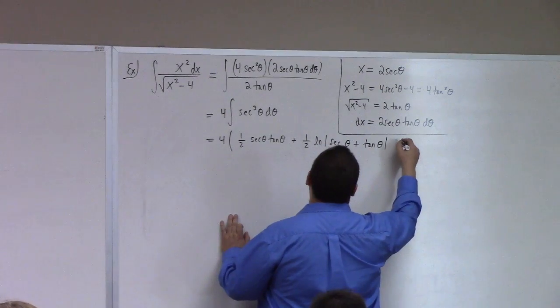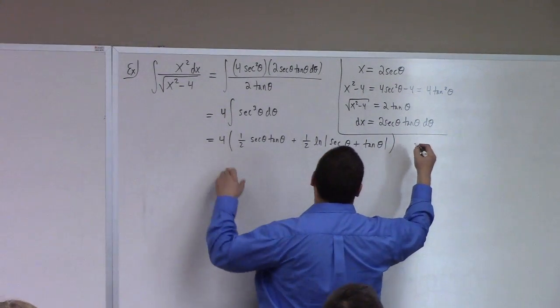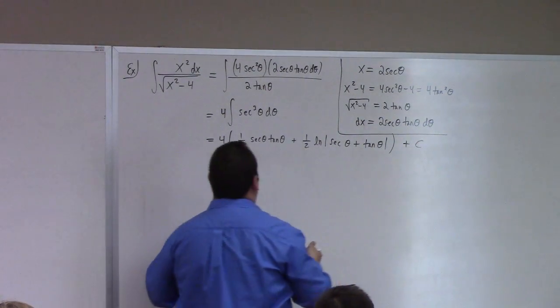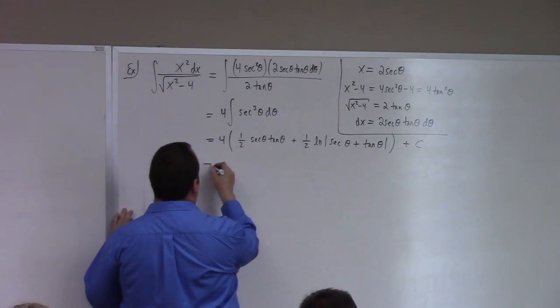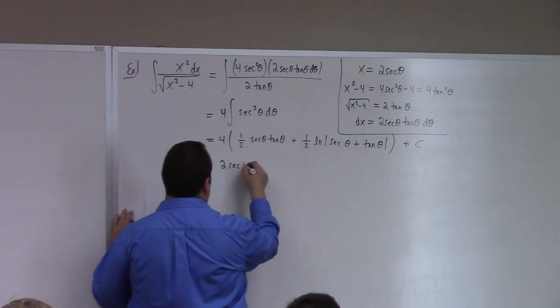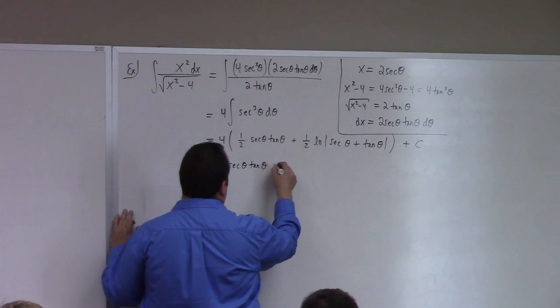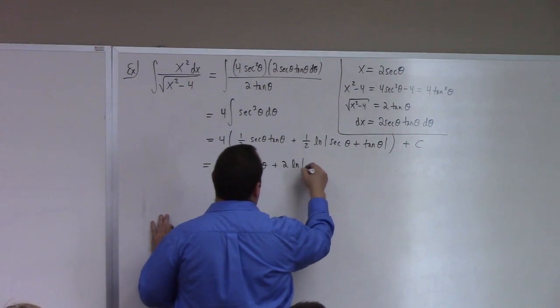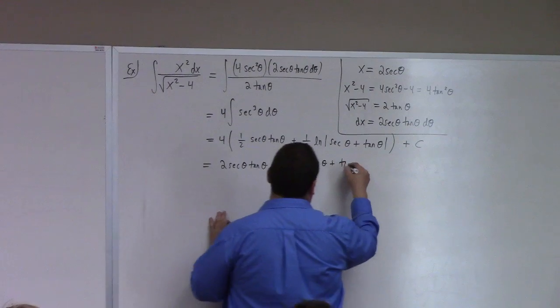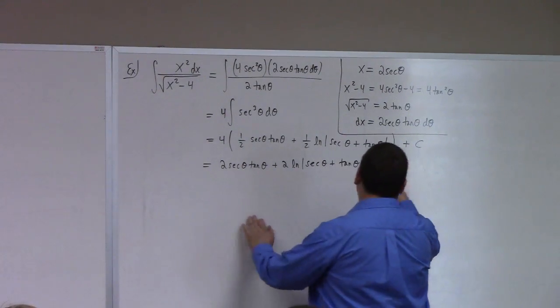Fantastic. Thank you. And that all gets multiplied by the 4 in this problem, right? So we have to take care of that. Let's see here. I'll clean this up a bit. So we got 2 secant tangent plus 2 log of secant theta plus tangent theta plus a constant.